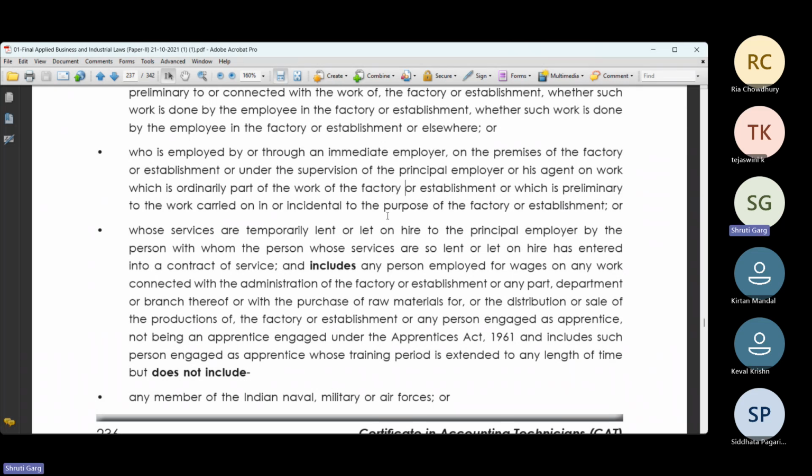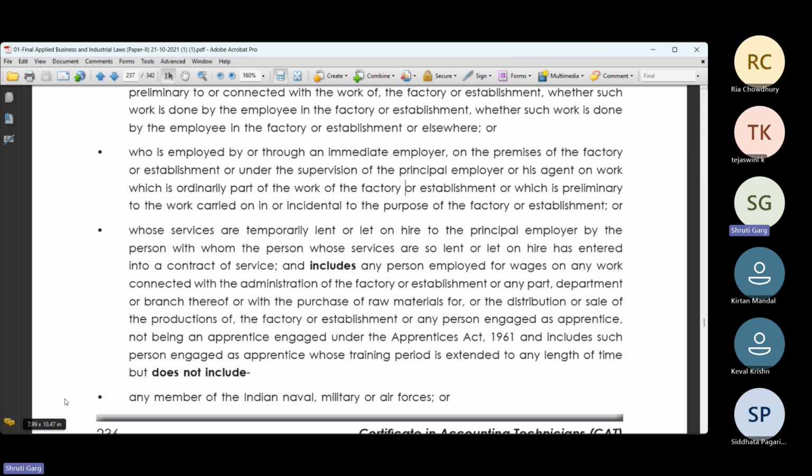Means the employee who is doing work through an immediate employer on the premises of the factory or under the supervision of the principal employer or his agent, on work which is an ordinary part of the work of the factory. Clear?